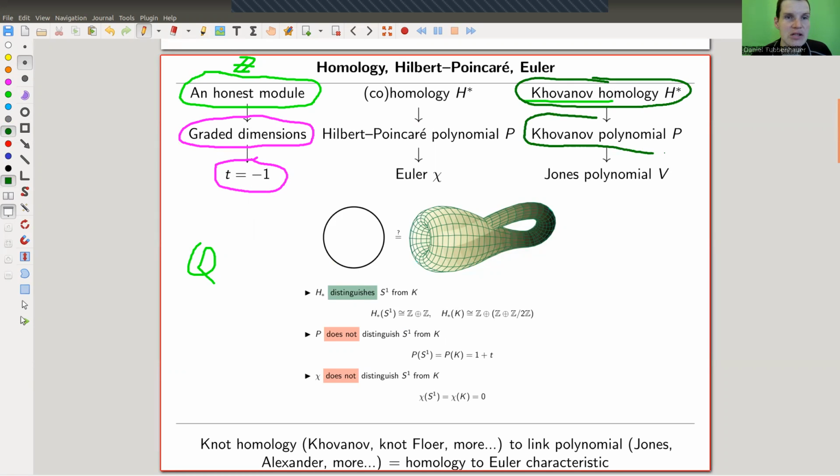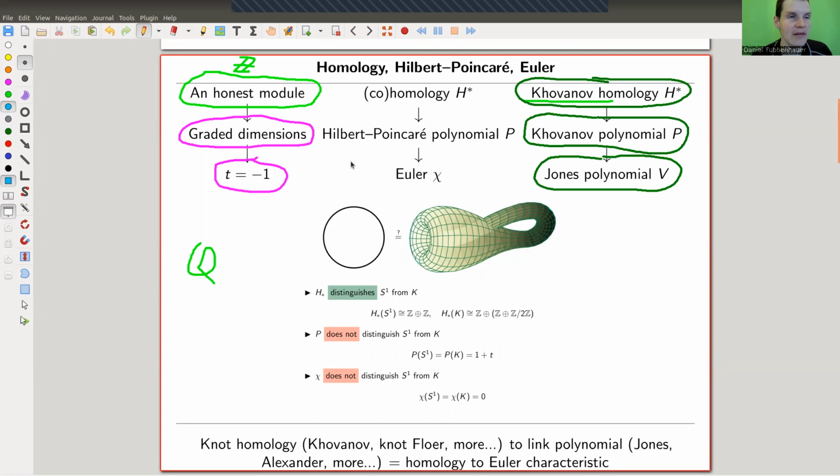You take the dimension, and you get what I call the Khovanov polynomial. I don't think it has a standardized name. If you just specialize the polynomial at t equals -1, you get the Jones polynomial, which I call V here. V is not to be confused with my vector space here. In this case, V is just the Jones polynomial.